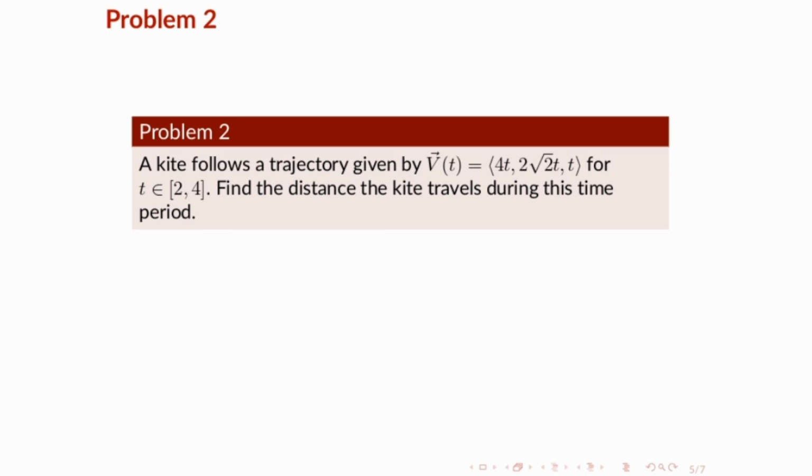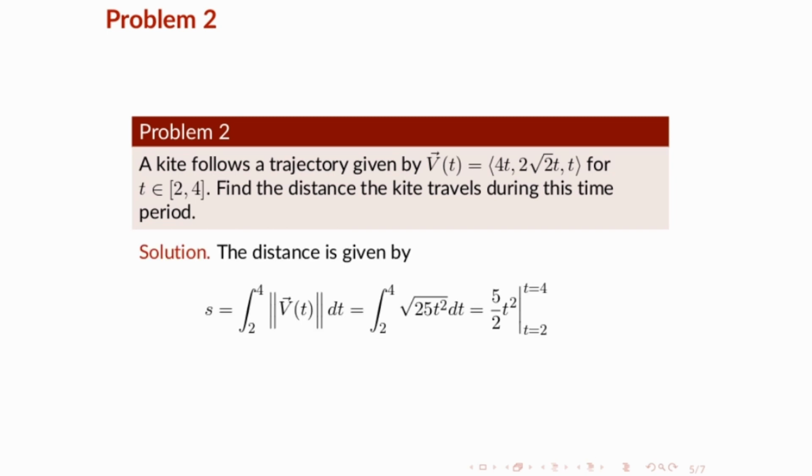In order to get the distance the kite travels, we're going to need the definite integral from 2 to 4 of the magnitude of our velocity function with respect to time. So let's get the magnitude of our velocity function first. We're going to have the square root of (4t)² plus (2√(2t))² plus t², which gives us the square root of 16t² plus 8t² plus t².